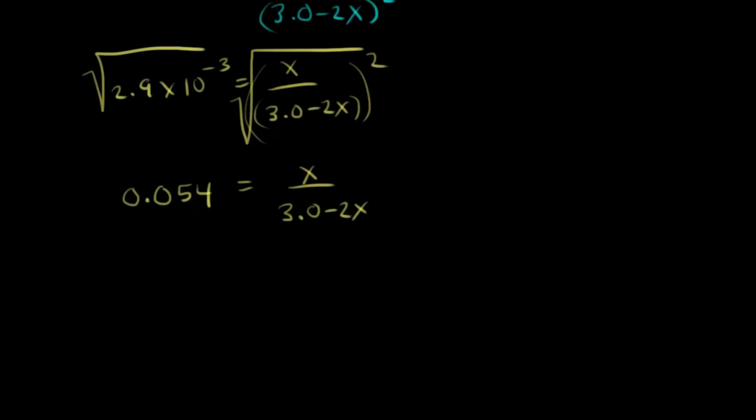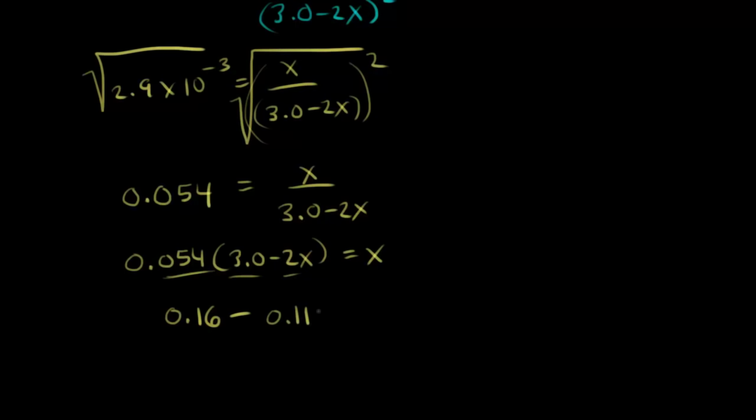Our goal is to solve for x, which is the molar solubility. So we can multiply both sides by 3 minus 2x. We need to multiply 0.054 by 3, and if you round that, you get about 0.16, and 0.054 times 2 is approximately 0.11. So we have 0.16 minus 0.11x is equal to x.